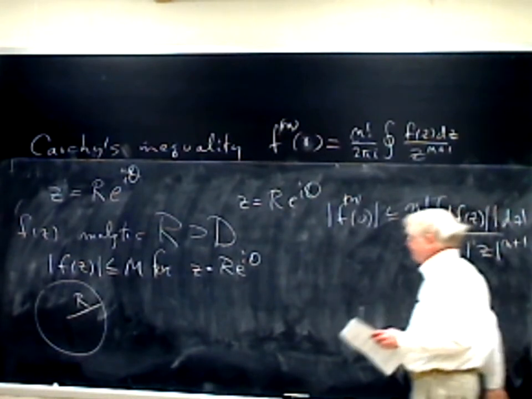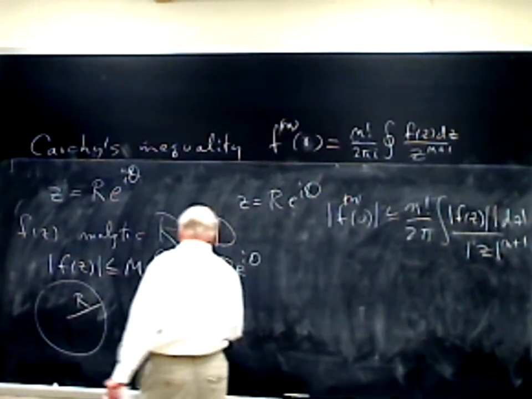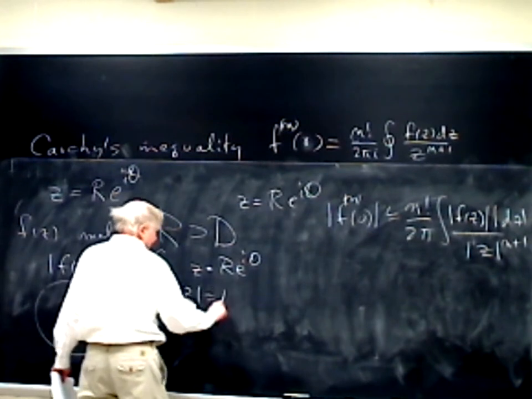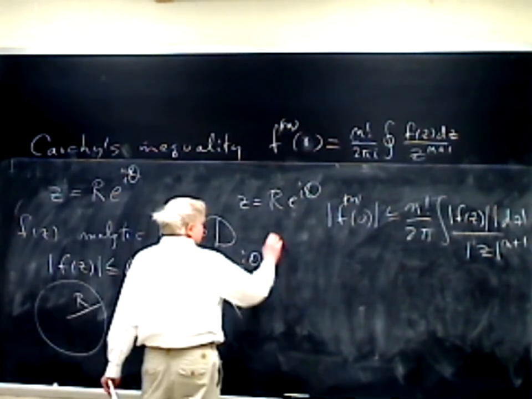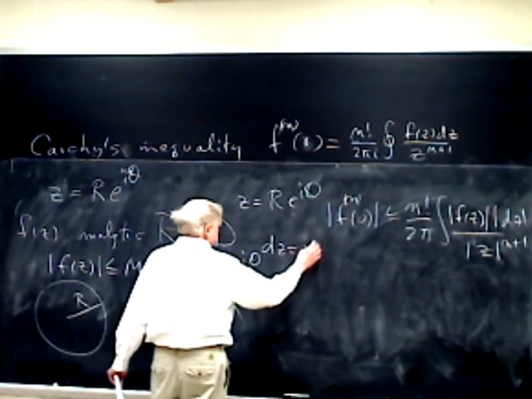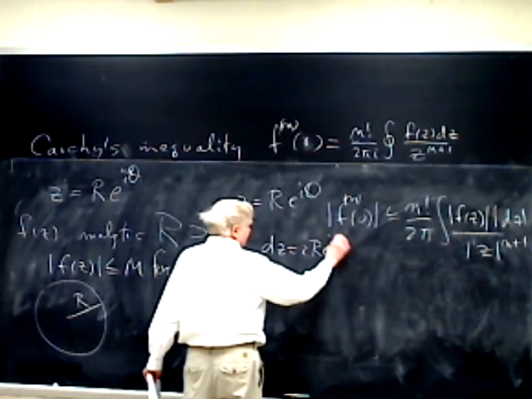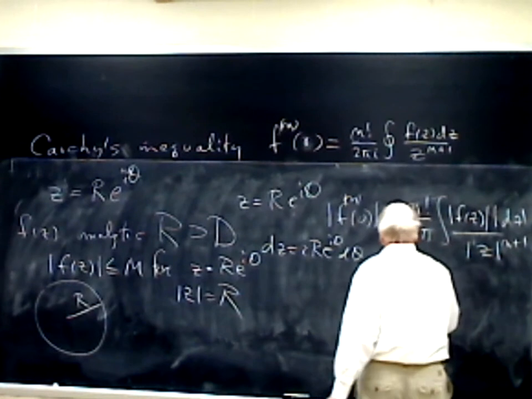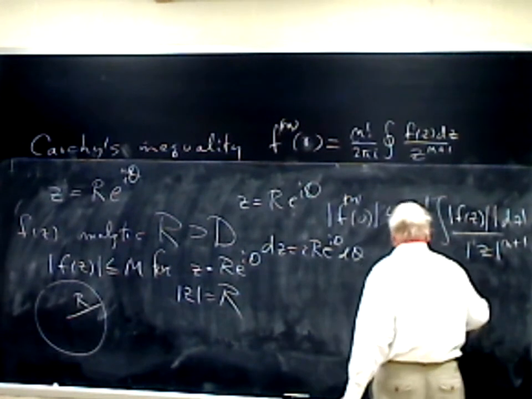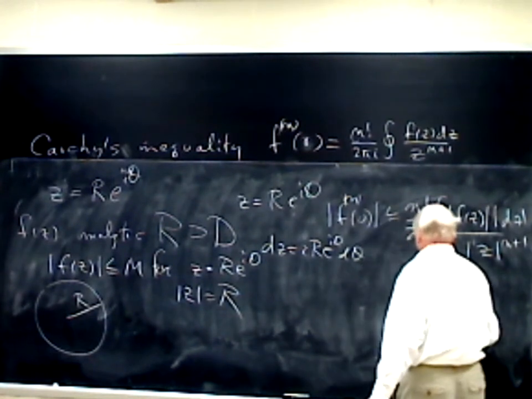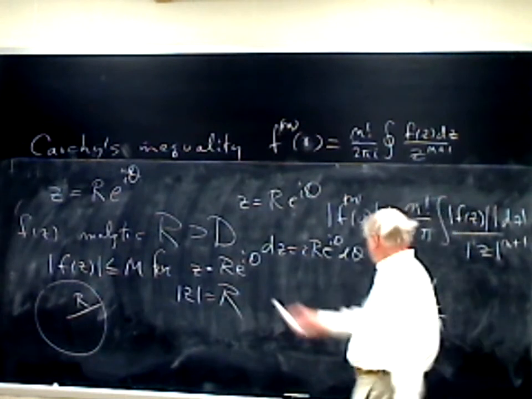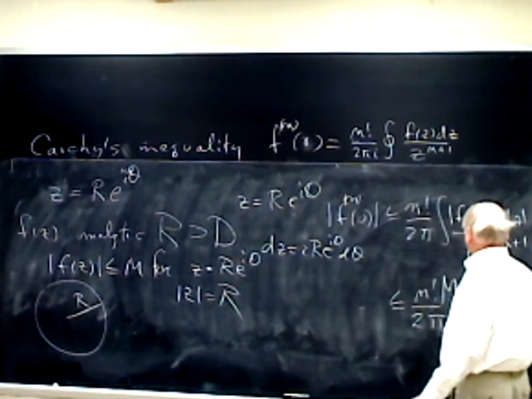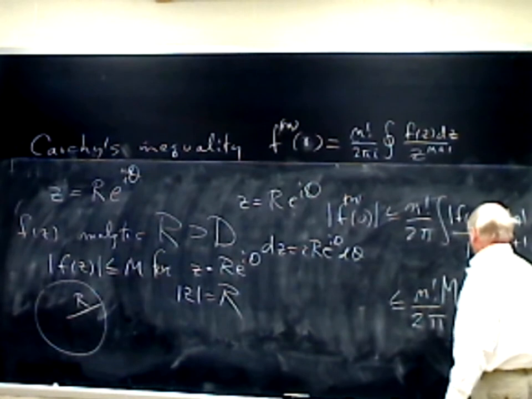Now the absolute value of z is obviously equal to r. dz, as usual, is i r e to the i theta d theta, and so altogether this is less than or equal to n factorial over 2 pi. f is bounded by M, so we can pull out an M. Then this is an integral from 0 to 2 pi of d theta.